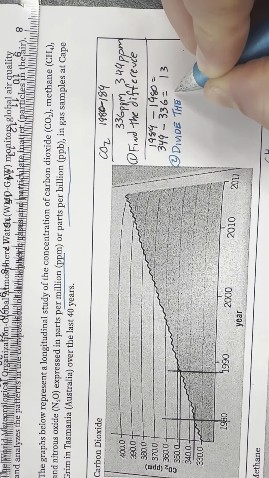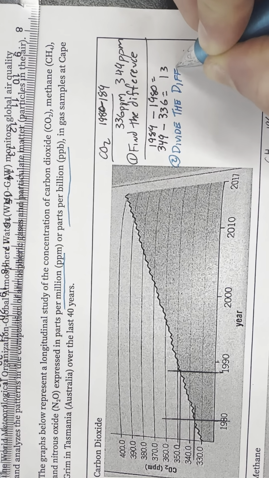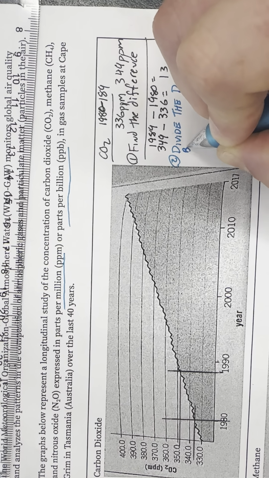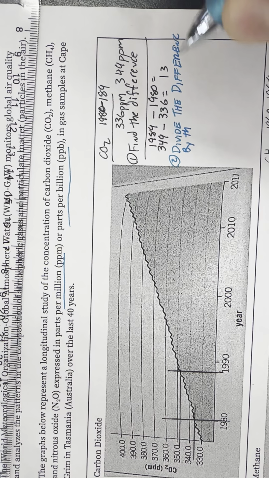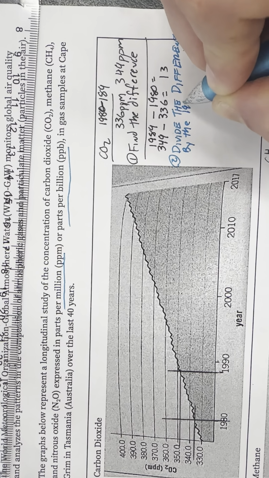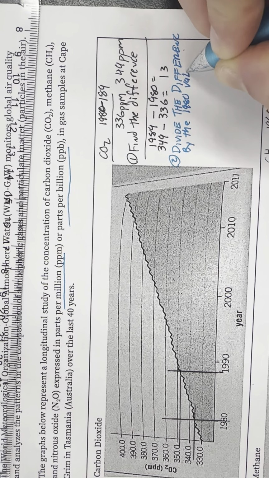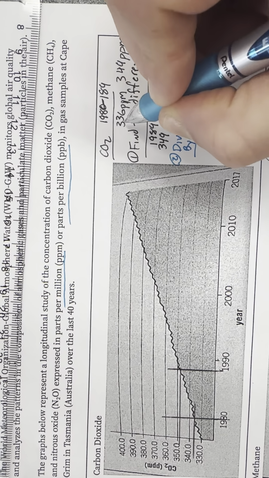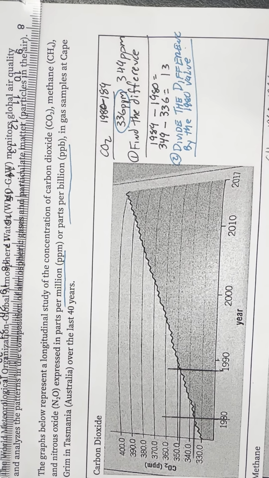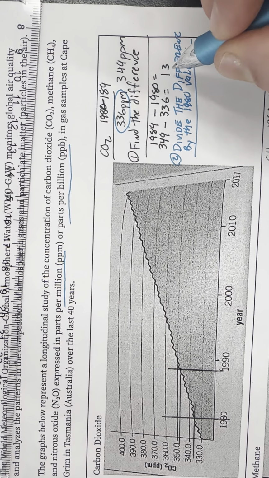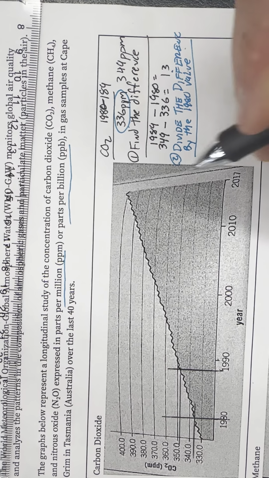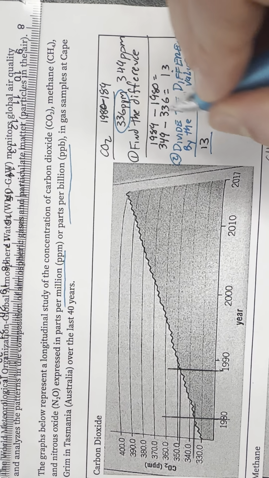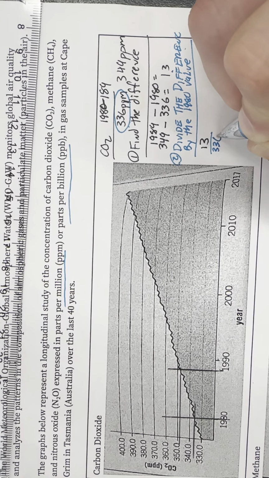So the next step that we're going to do is divide the difference by the 1980 value. If the 1980 value is 336 parts per million, I'm going to take the difference, which is 13, and divide it by the 1980 value, which is 336.